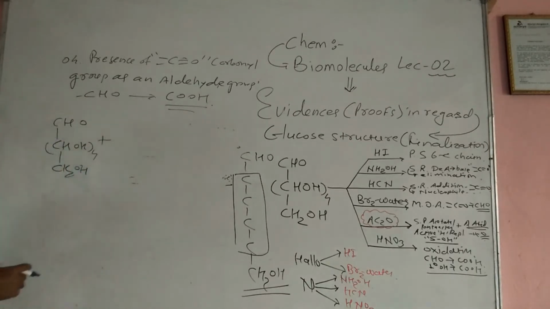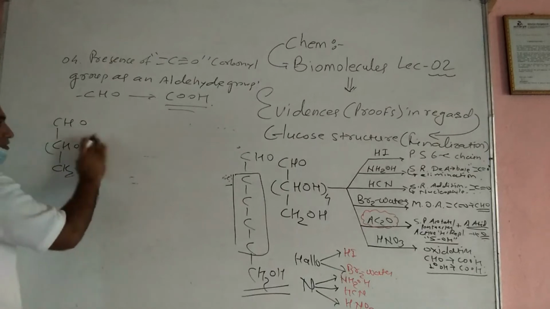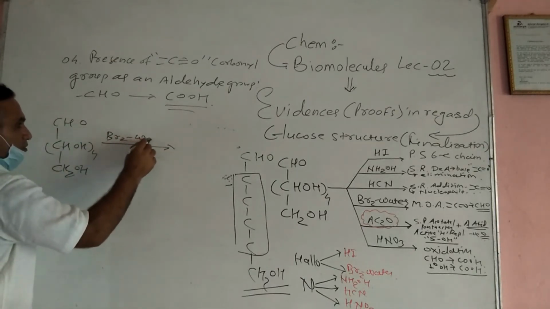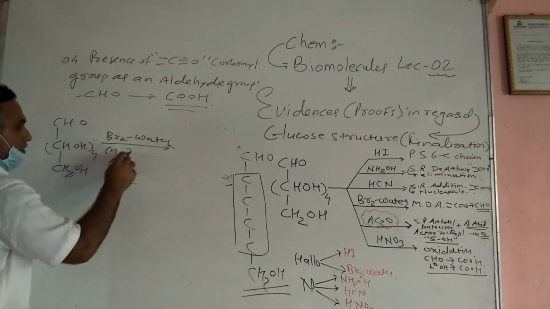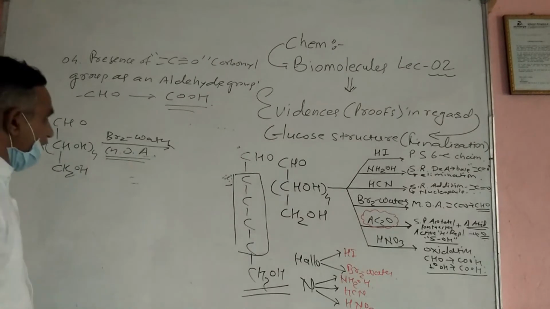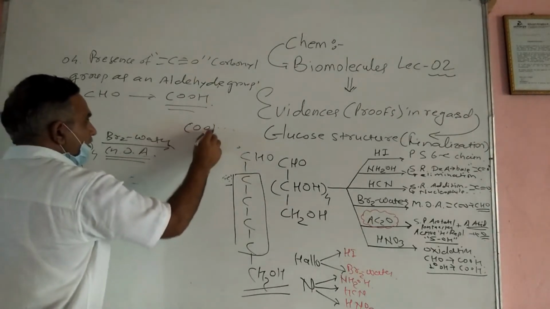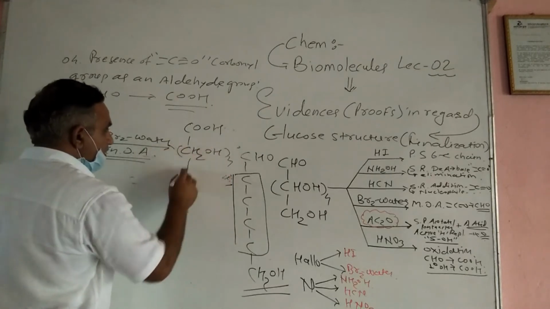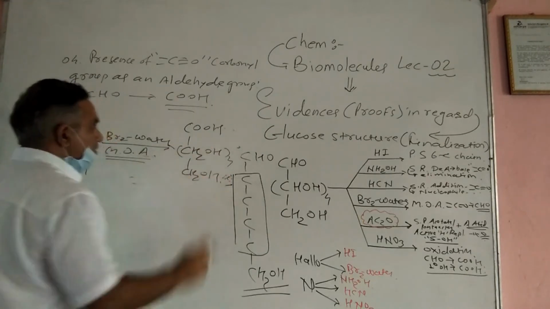You perform the reaction with bromine water, Br2, the mild oxidizing agent, and you get COOH, CH2OH four times, and then CH2OH at the bottom.